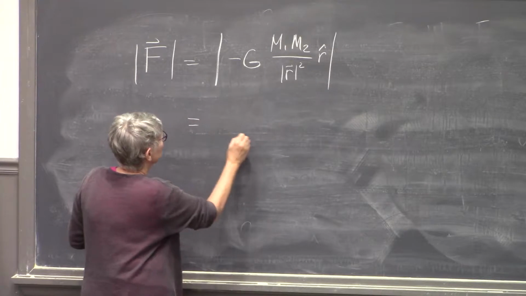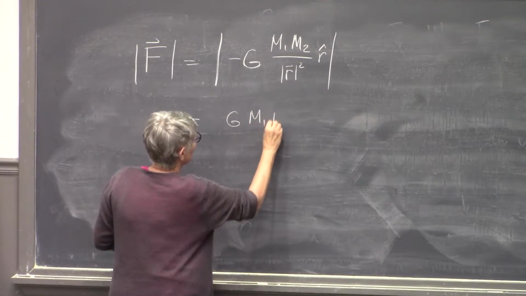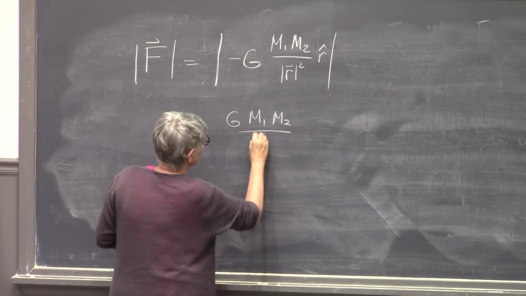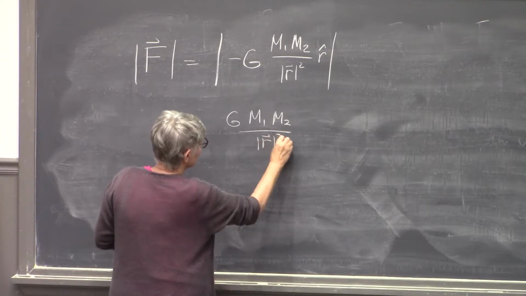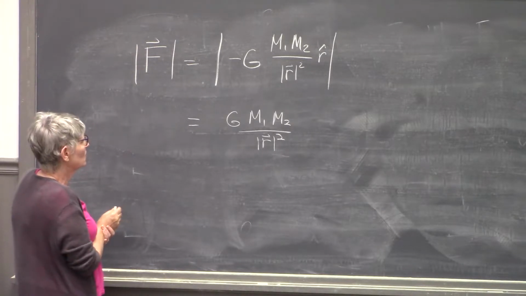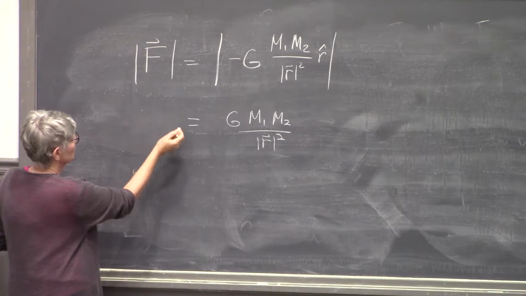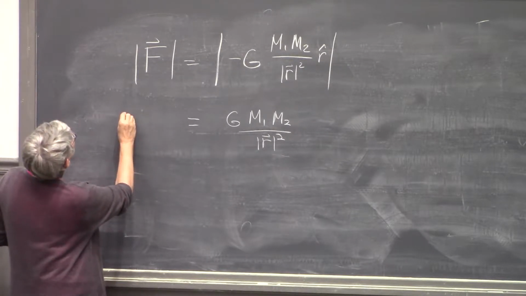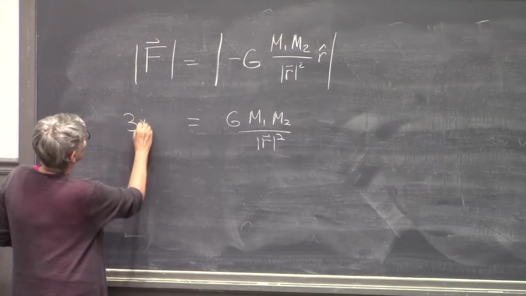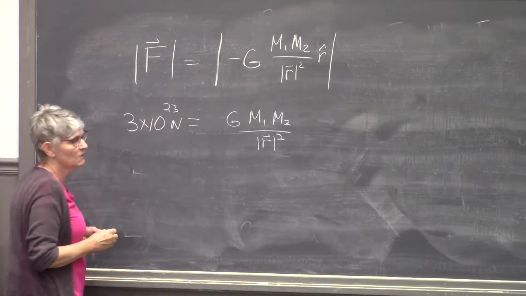So basically we've got G m1 m2 over the distance squared. And in some particular situation, this is equal to 3 times 10 to the 23rd newtons.